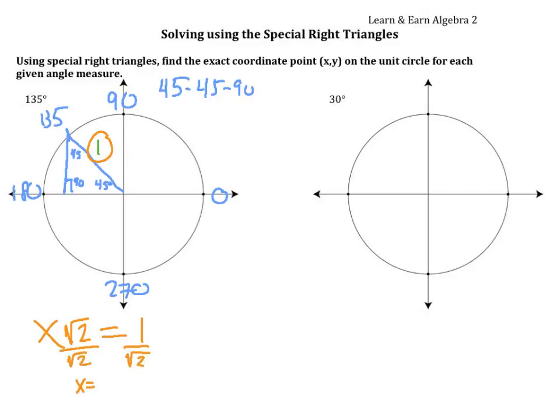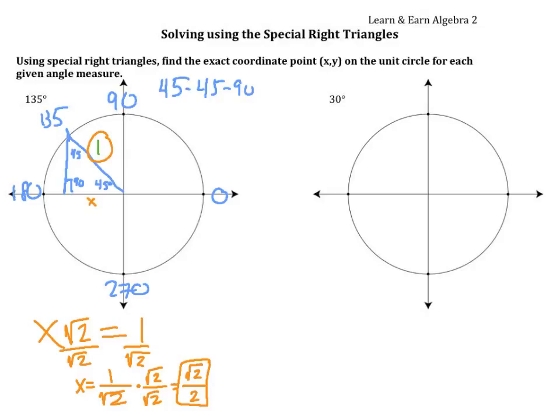So I get x equals 1 over square root of 2. Now I need to rationalize the denominator. That means I need to multiply by the square root of 2 over the square root of 2. When I multiply straight across, I get square root of 2 over square root of 2 times square root of 2, which is actually just going to be 2. So that means x equals square root of 2 over 2.